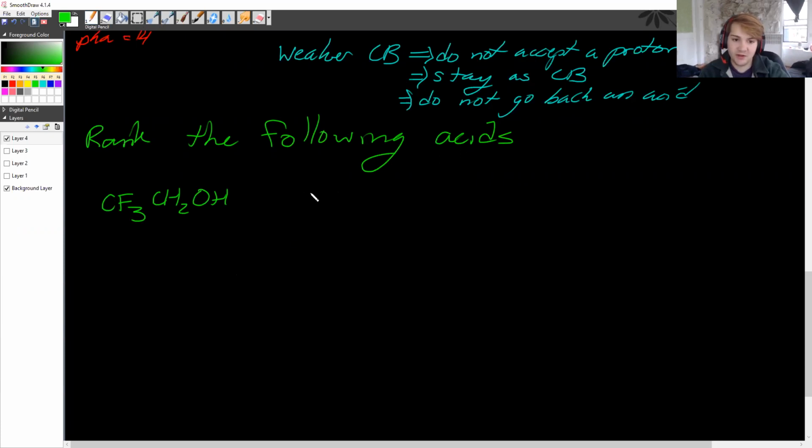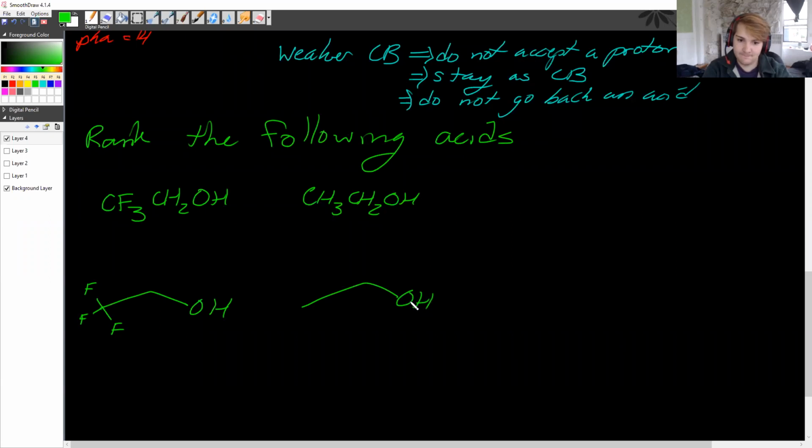And then you're going to see something like CH3CH2OH. So this is the two compounds as they're written out. And so which one do we think is going to be stronger? A or B?